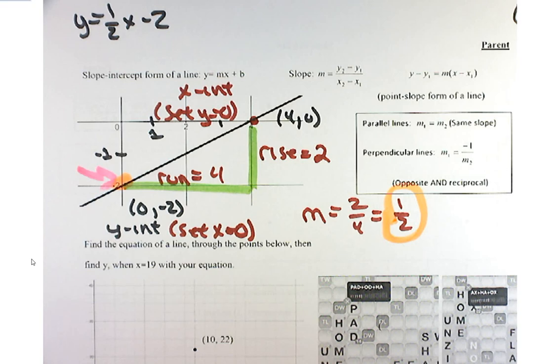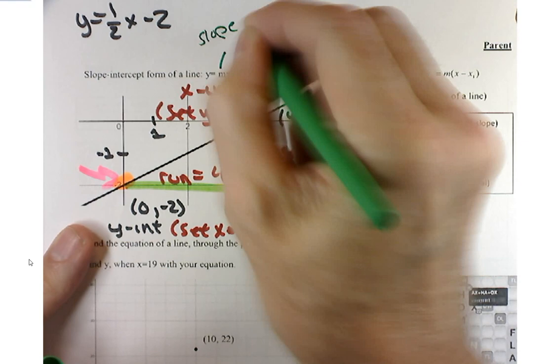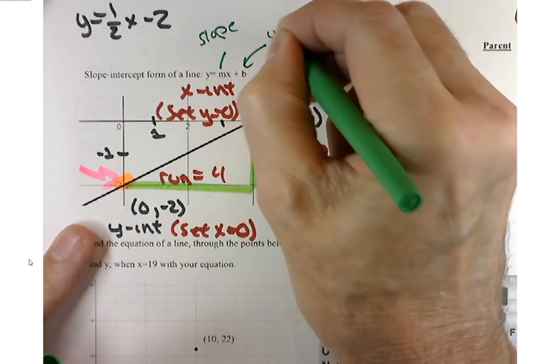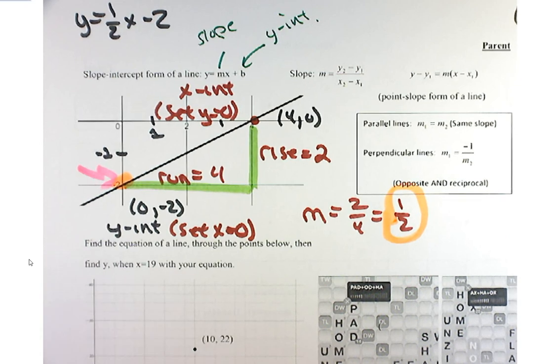Probably not. In fact, you can rely on that happening always: m is going to be your slope, b is going to be your y-intercept. So that's nice. It's exactly what you'd like to see happen. And we're going to take advantage of that.